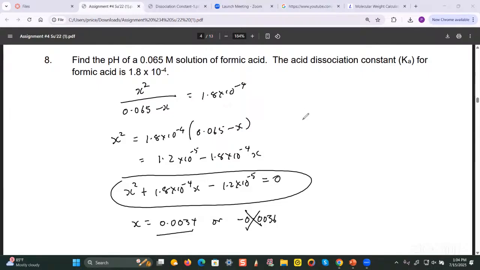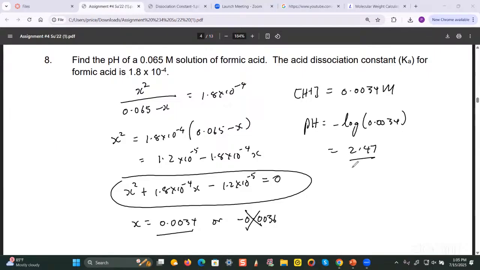And therefore, x is equal to the concentration of H plus, 0.0034 M. So therefore, the pH is equal to minus log of 0.0034. And according to my calculations, again, correct me if I'm wrong, I got 2.47. That's how that is done.